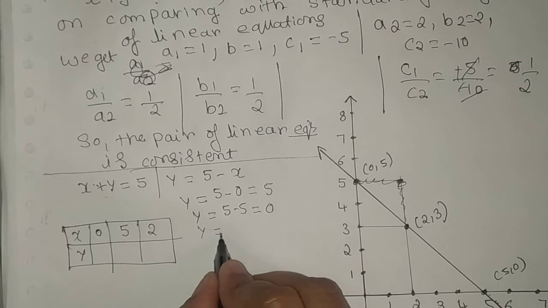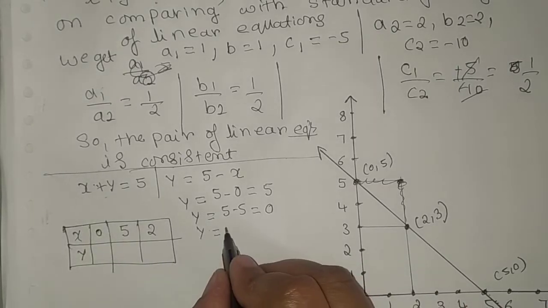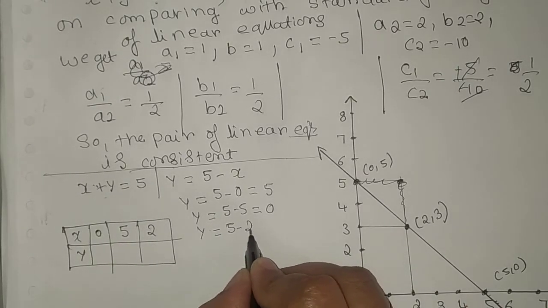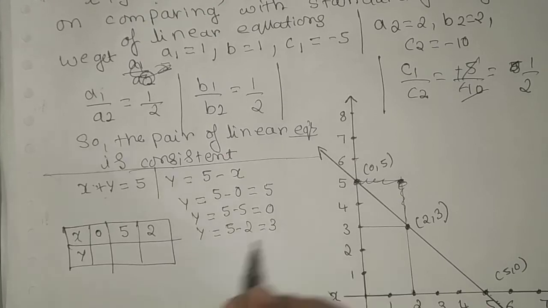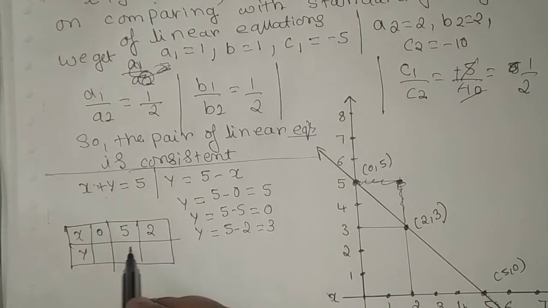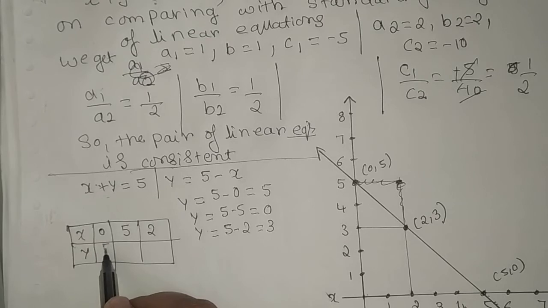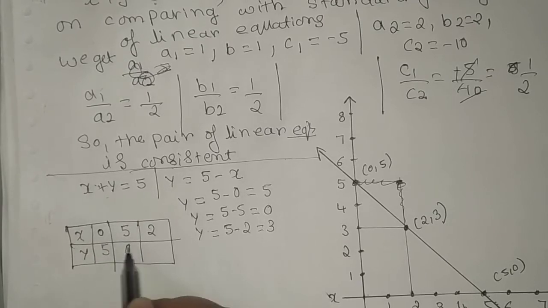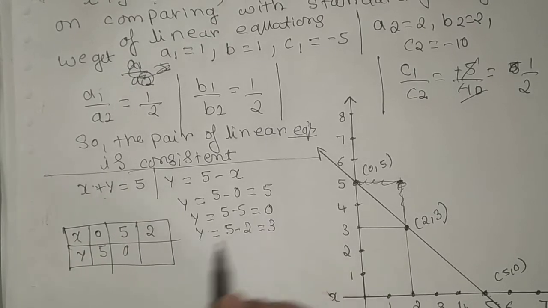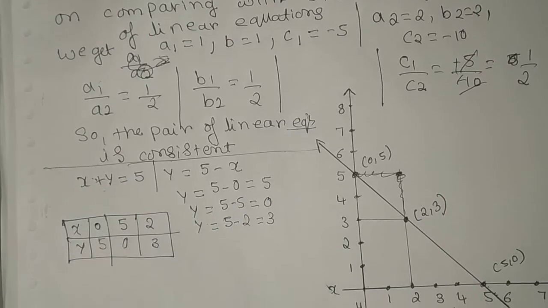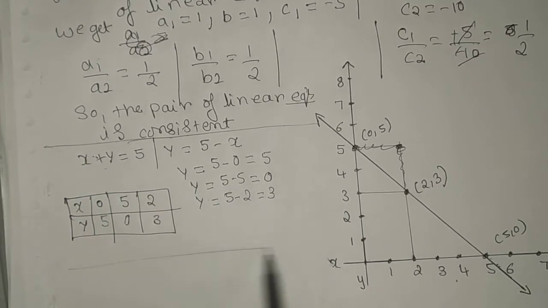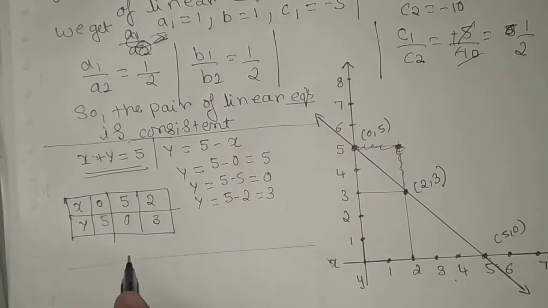In the third condition, x is 2, y is 3. So substituting all the values, for 0 we get 5, for 5 we get 0, for 2 we get 3. So this is the first table for this expression.